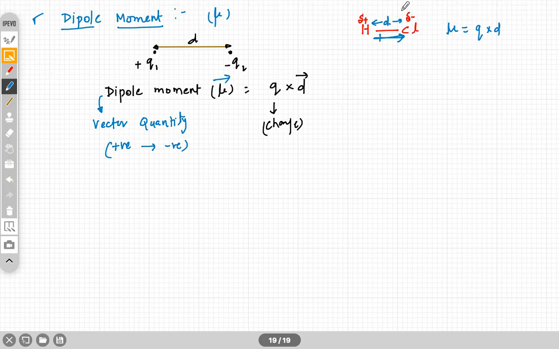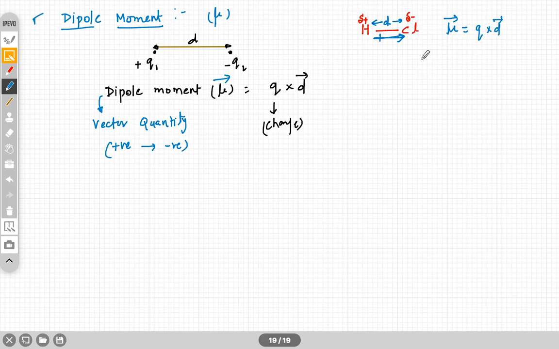So because of the electronegativity difference, we have charge separation in the bond, and obviously we have some bond length there. So that charge separation times the bond length gives you the dipole moment of that particular bond. Like I said, it's a vector quantity, always from positive to negative. But again, we don't have to calculate dipole moment in a given molecule.